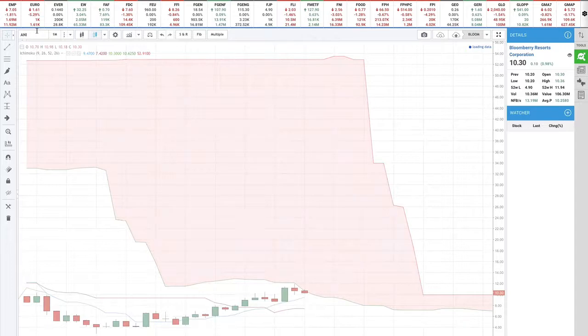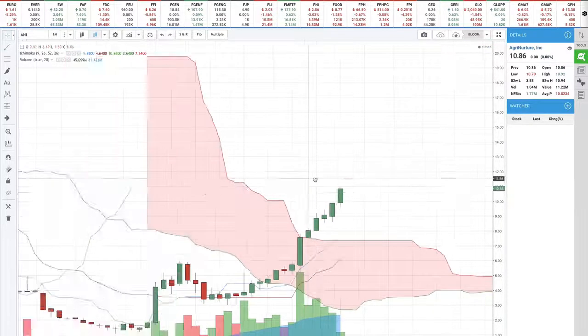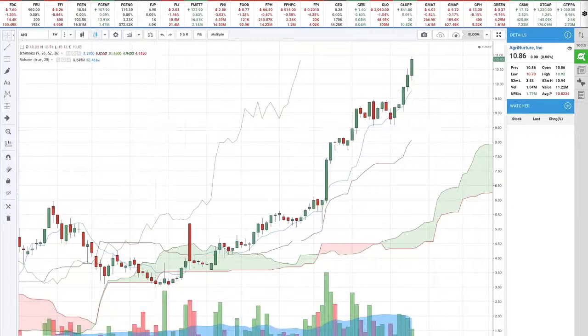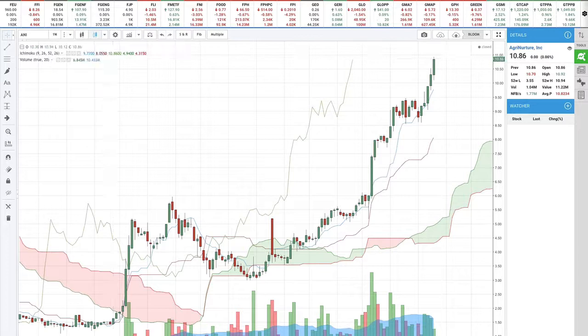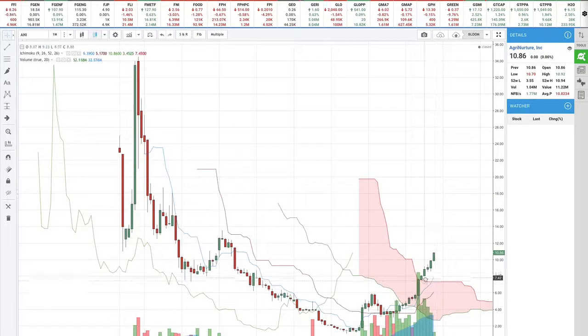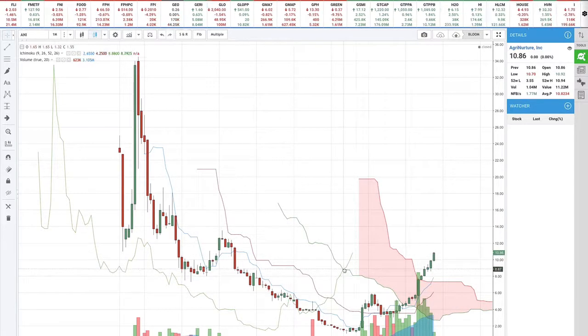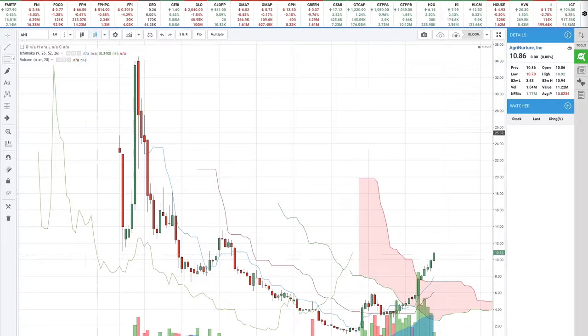Itong ani is another favorite example of mine which I use all the time. Diba napag-aralan natin dati, nung nakita natin na ang ani ay lumabas na dun sa kumo niya, we know that wala na siyang resistances na malalakas sa taas. At the same time, the Chico span also entered inside the Kumo.